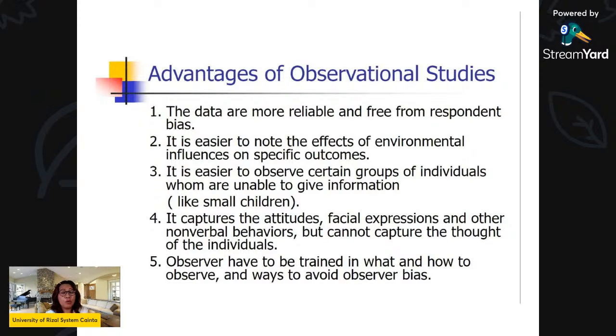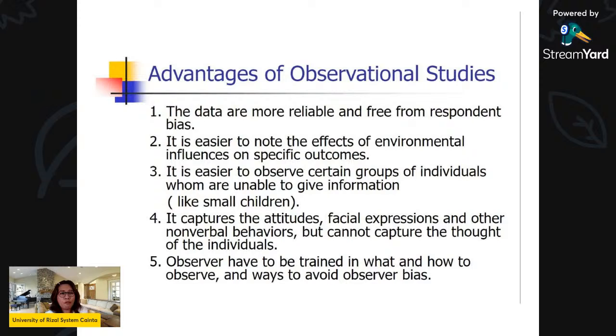Okay, kasi i-record mo na lang, di ba? Hindi mo na tatanungin isa-isa. Number four, it captures the attitude, facial expression, other nonverbal behaviors, but cannot capture the thought of the individual. So, ang ma-identify lang natin pag observation ng study, attitude, facial expression, and nonverbal behavior. Pero yung thinking ng isang tao, hindi natin ma-relate.